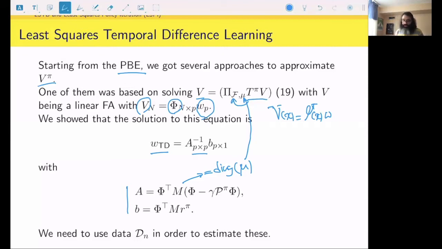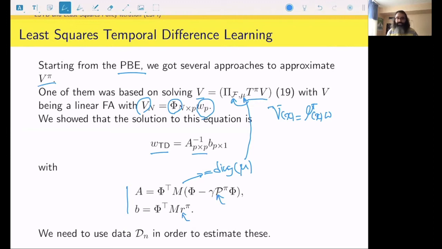Okay, so this is the population version of LSTD, which means that it's not data dependent, but it's assuming that we know the model. Why? Because we have this P here, and we have this R here, and these are not known in the context of reinforcement learning.